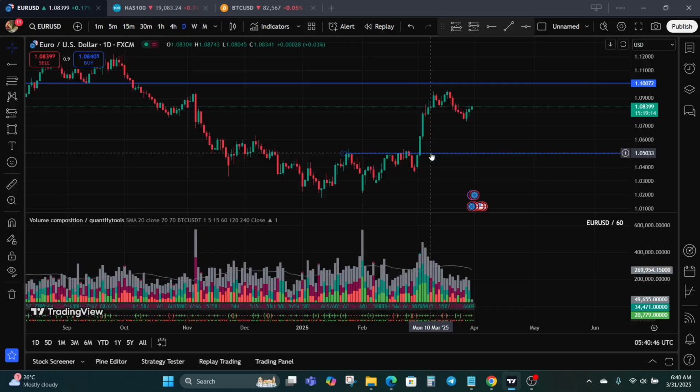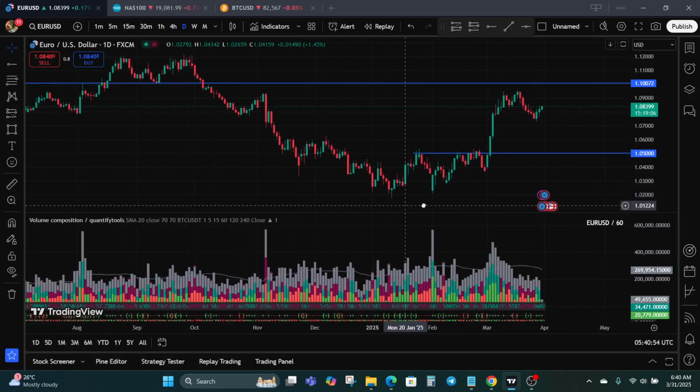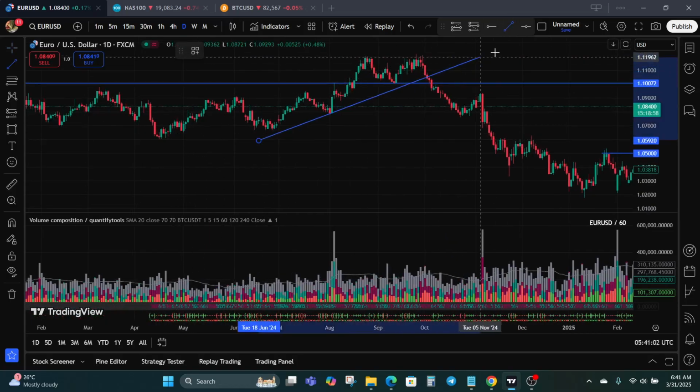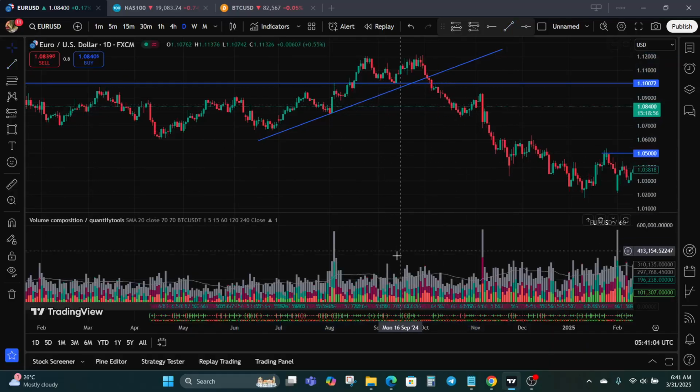Now this indicator can also help you to spot market reversals. When you see volume shifting in the opposite direction of a trend, it could indicate a reversal is coming. For example, we had a prevailing buy trend around here. Then we had a series of surges in volume and average volume.